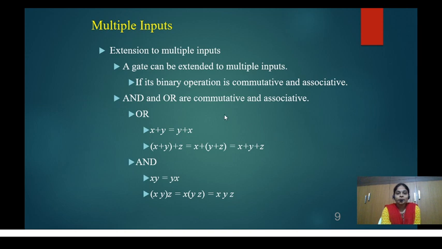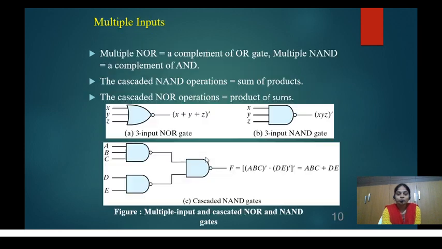A gate can be extended to multiple inputs if its binary operation is commutative and associative. AND and OR are commutative and associative, that is x plus y is equal to y plus x, as we discussed already. Here there are 3 variables, and this can be represented by using gates. NOR is the complement of the OR gate, and NAND is the complement of the AND gate.